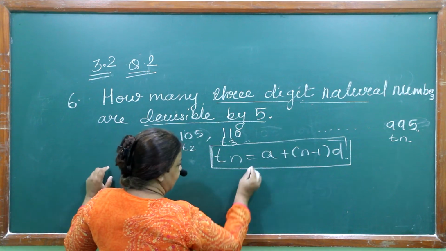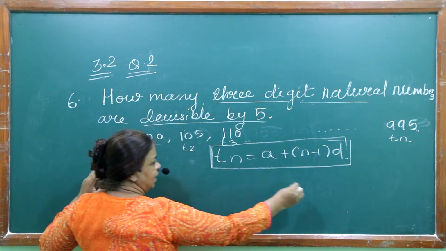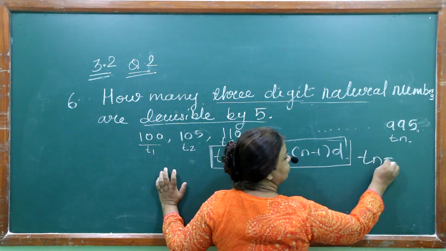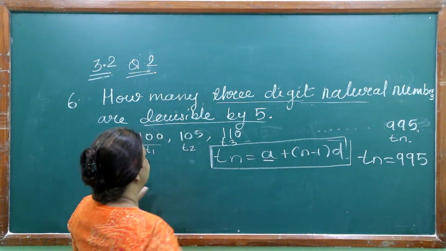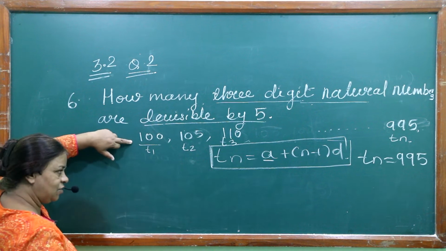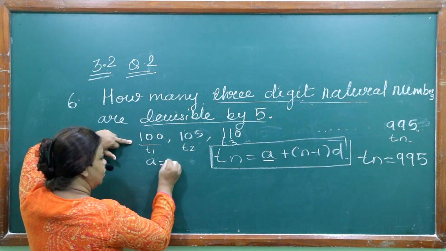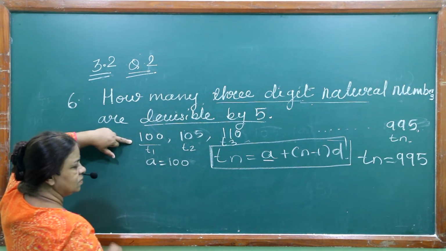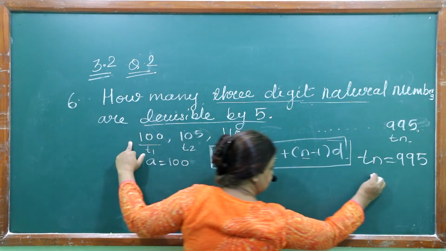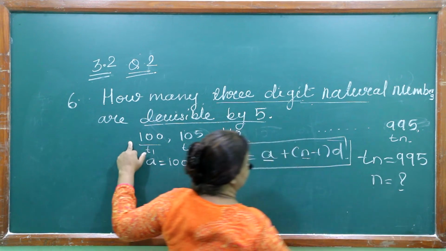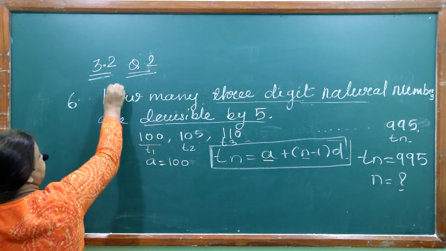Tn is 995. So let me write here Tn is equal to 995. A. What is A? Yes, correct. A is equal to 100. N I don't know, so I have to find out. That is, how many?